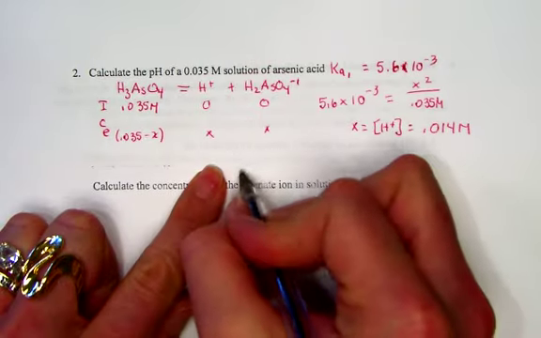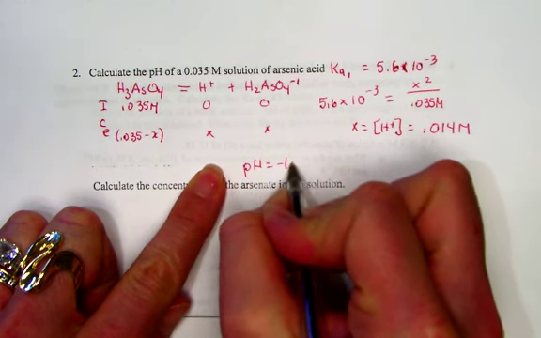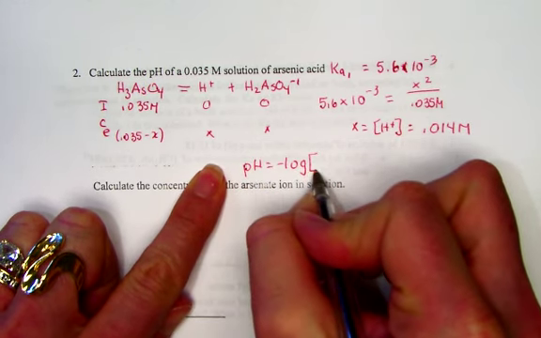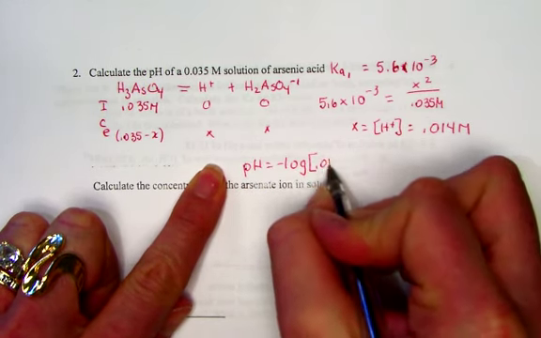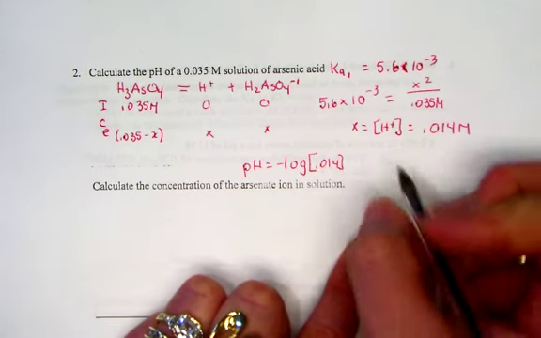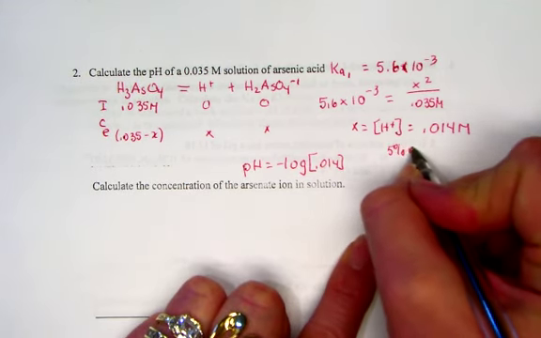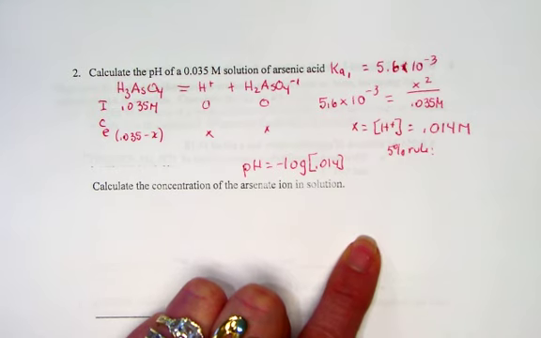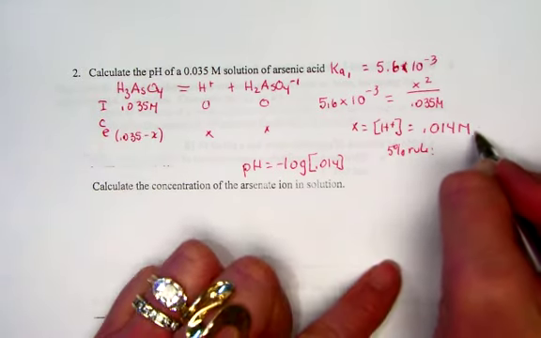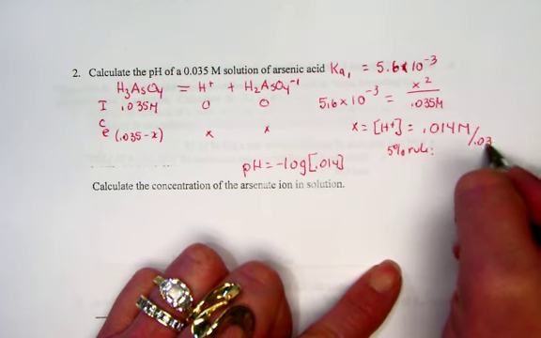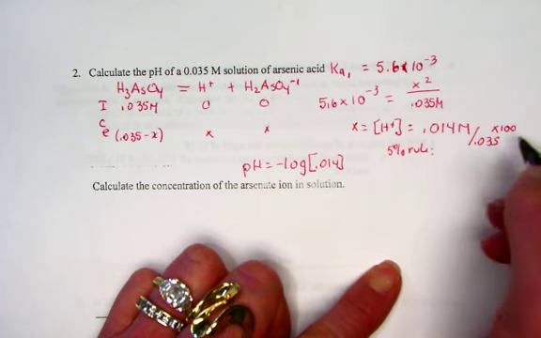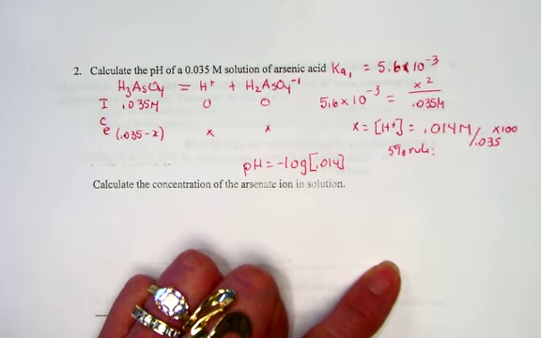To find the pH then, we know that that's found by taking the negative log of our hydrogen. We just found 0.014. Always good business, I'll back up and check the 5% rule. If the initial concentration was 0.035, let's compare that value and see if indeed we needed the quadratic formula or was this close enough.